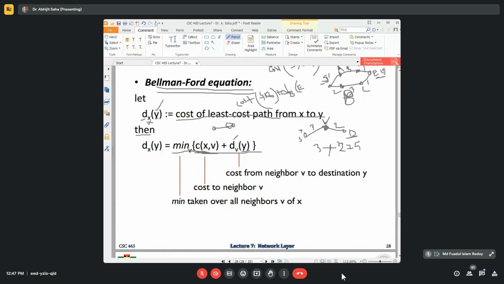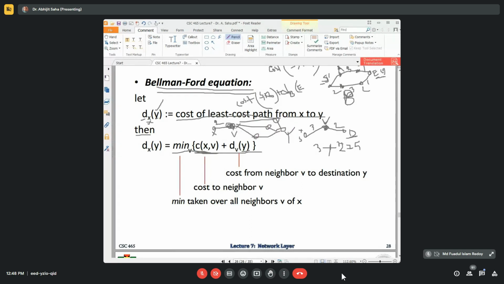Yes, yes, sir. And the second part is telling that from this node, say v, similar to the equation, cost x to v is the value you have given here, the 2. Now from v to y, there can be several paths it can come to y, right?